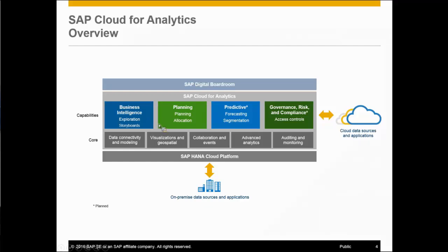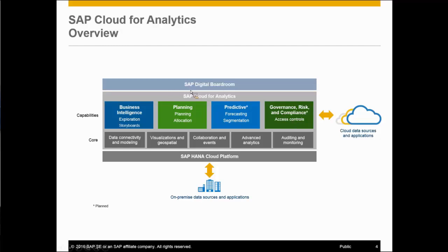Right now, we are offering two of them, business intelligence and planning. Planning is the one that we will discuss in more detail in this session. But in future, the descriptive and the GRC may come as part of SAP Cloud for Analytics.